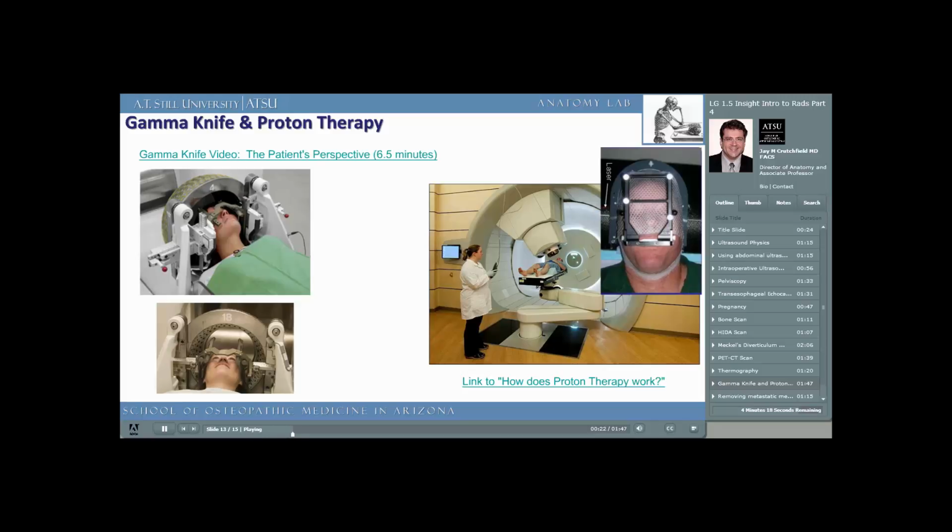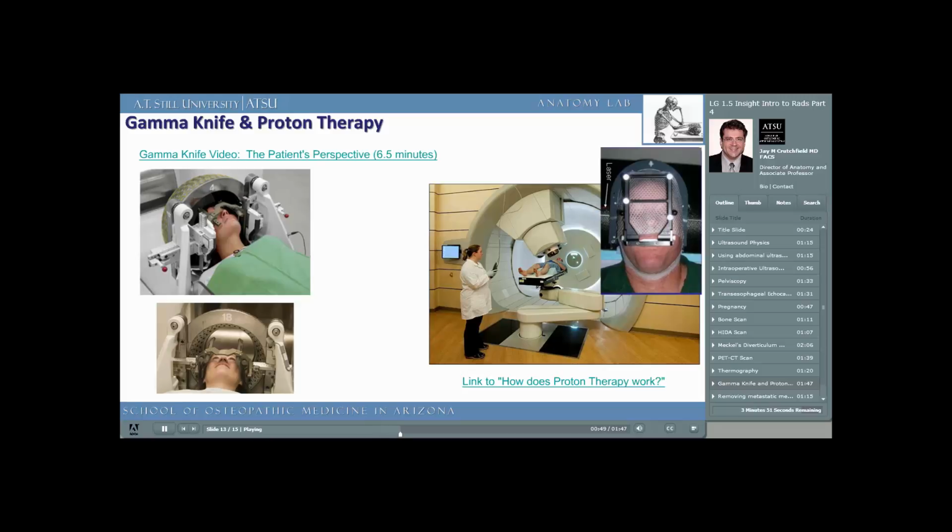The patient's head or body must be fixed in a metal cage to prevent movement, or the skin is tattooed, so the beam is aimed at the exact same spot with each and every treatment. Occasionally, you may run into these patients who have tattoos on their forehead or on the sides of their head or any areas of their body.